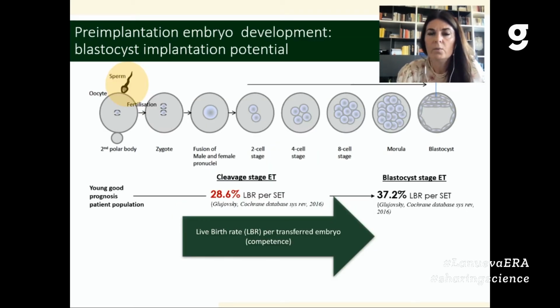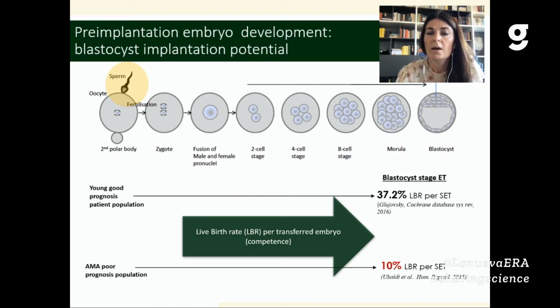So now that we understand that reaching the blastocyst stage is much more effective in predicting implantation as compared to the cleavage stage, what is the implantation potential of these blastocysts? Untested blastocysts have a very different fate according to the patient population.